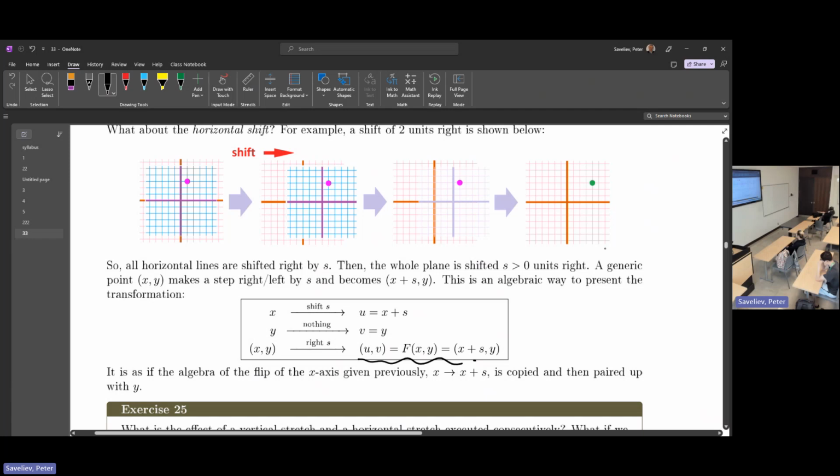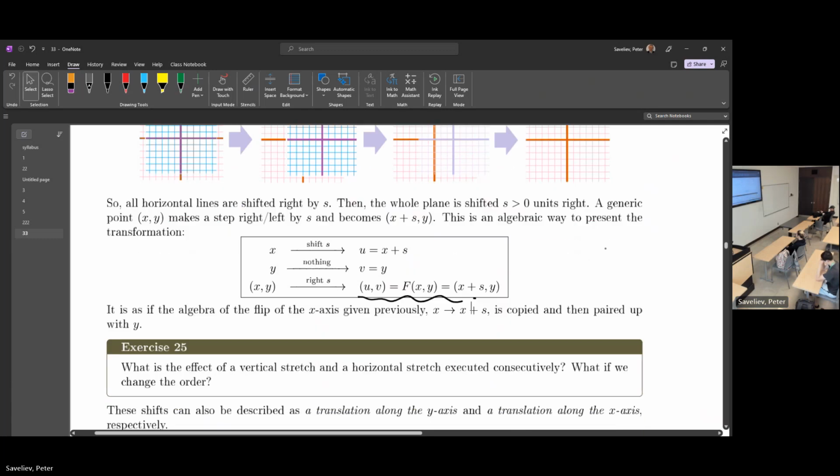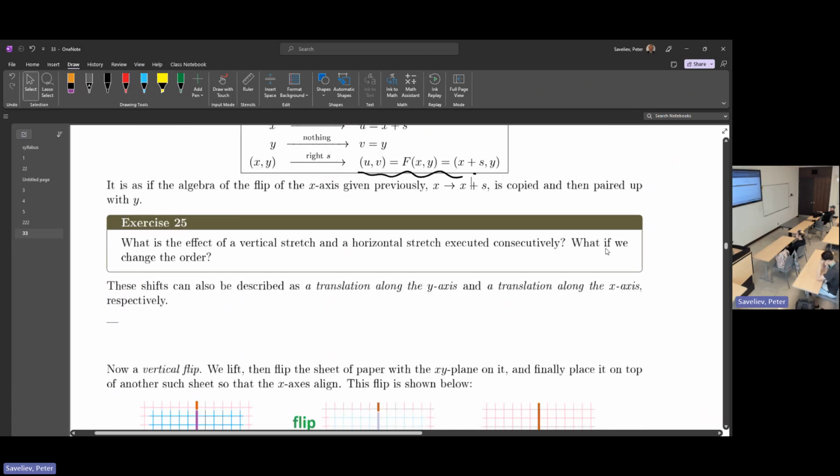We now think of what we do as a function. Okay, so the function has a formula on the right, but it also has input x, y and output u, v. Okay, so two-dimensional input, two-dimensional output, and literally the domain is the plane, and the different plane is the codomain. Okay, so this is my shift or translation.